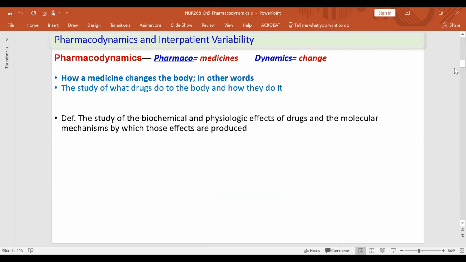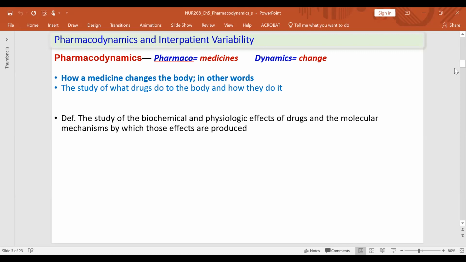Also, we are going to cover the interpatient variability in drug responses, how different people respond differently to the same drug. And we will highlight part of what we discussed in the previous chapter, pharmacokinetics, about the therapeutic index.